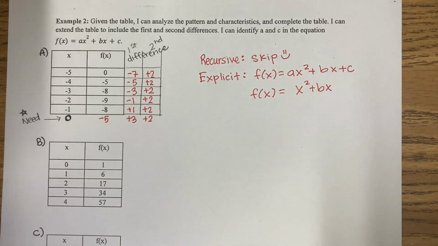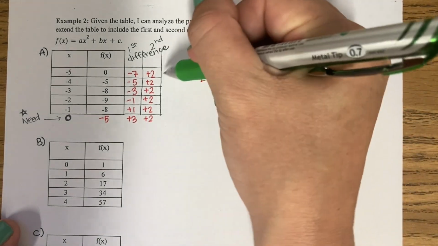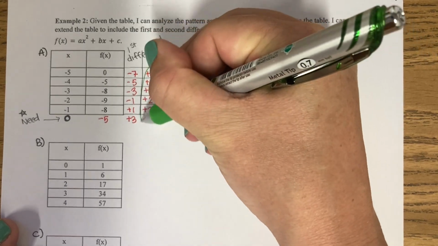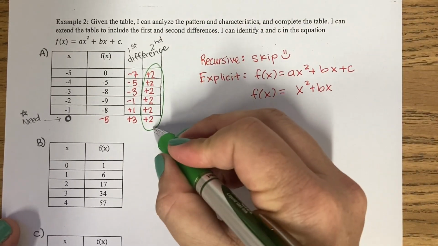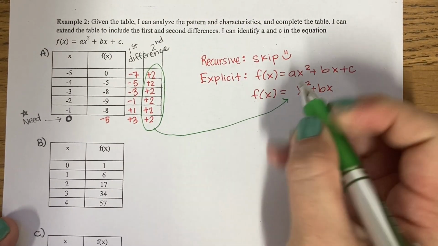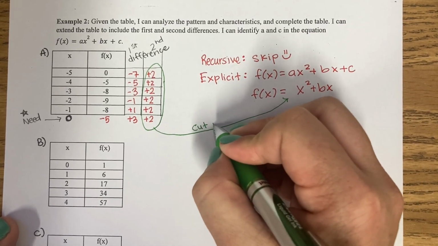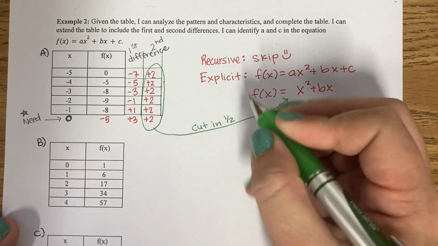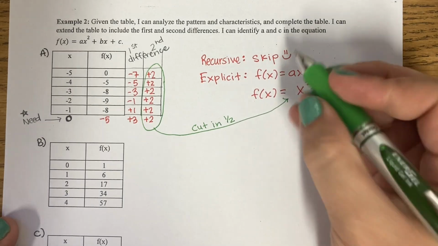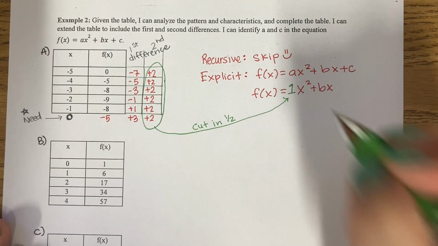That's our main goal, find a and c. So if I'm looking for a, I take the second difference and I'm going to cut it in half. So 2 cut in half is a 1. That's a.